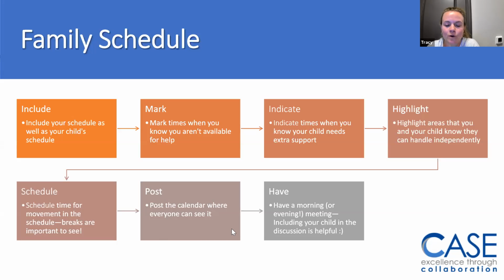Post your calendar where everybody can see it. And also have a morning meeting, or if it's easier for your family, an evening meeting. Include your child in these discussions. That's going to be really helpful for them to take some ownership of the calendars. And hopefully it's going to encourage them to use some sort of agenda or schedule or planner in their future.